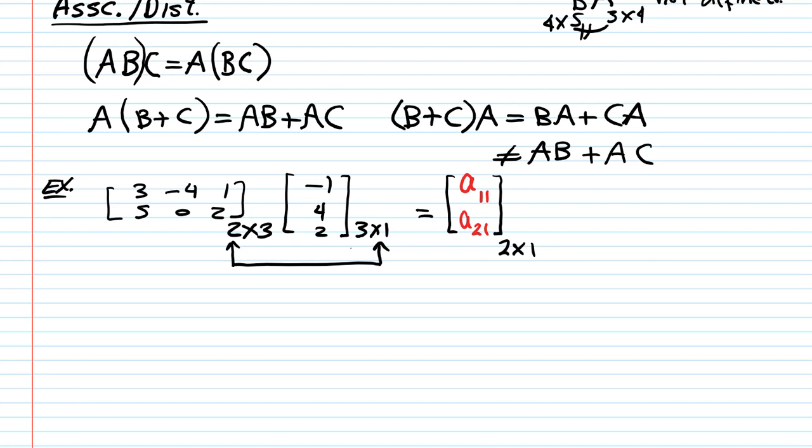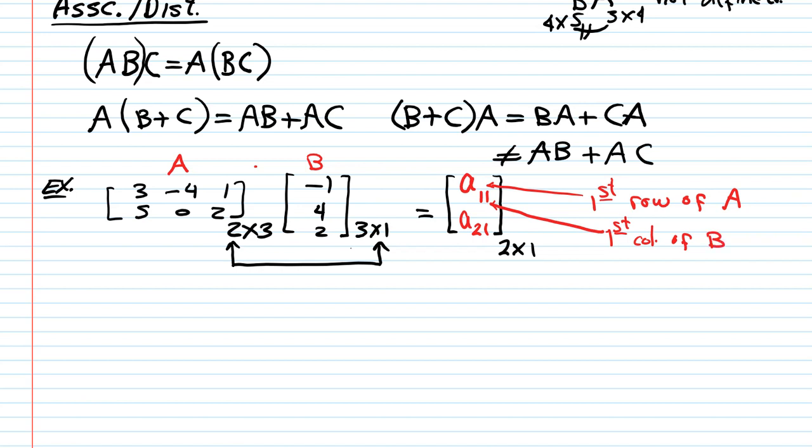So this, in a way, tells me how I'm supposed to do this. To get the number in this position, I need to multiply the first row of A, call this matrix A, and this one B. Okay, first row of A, and the second subscript would be first column of B. So what is that telling me?